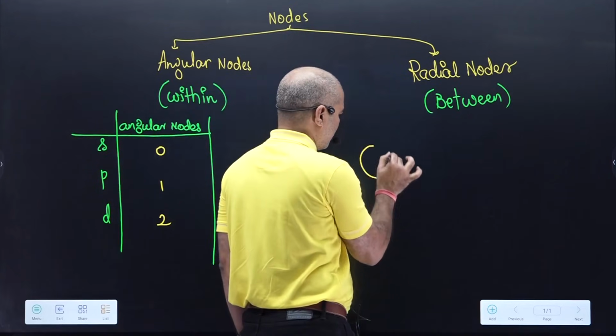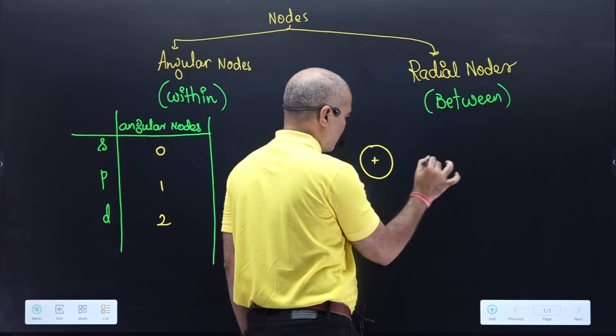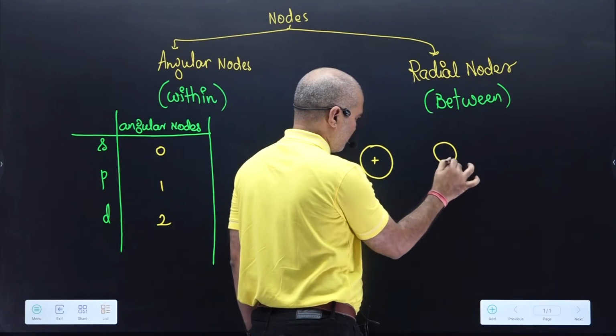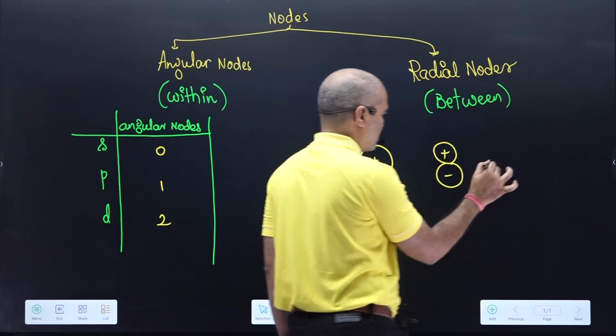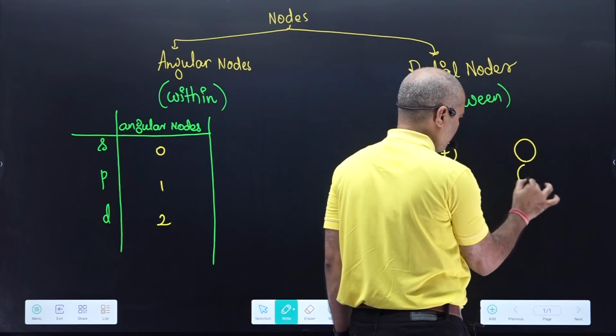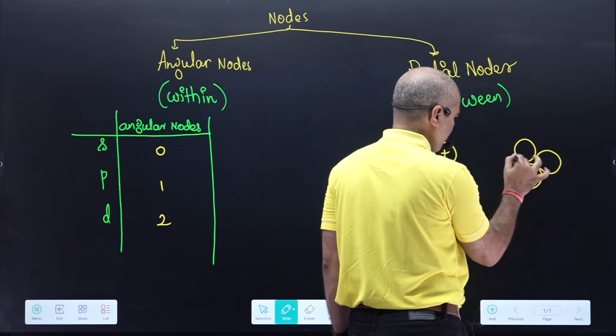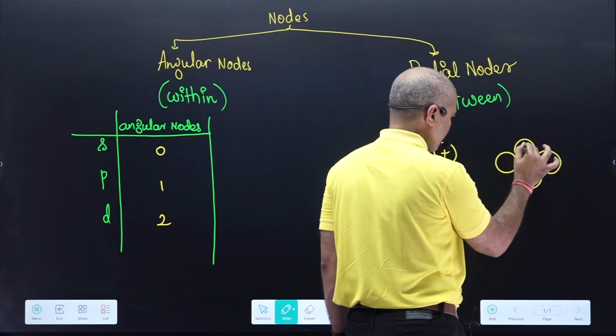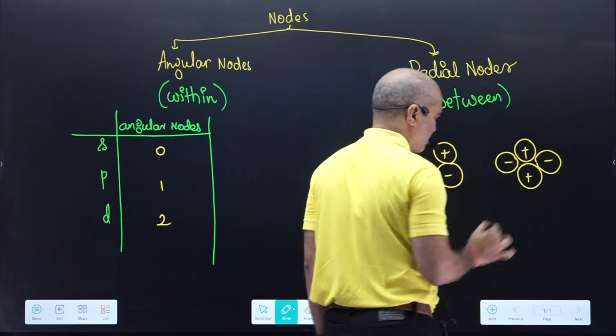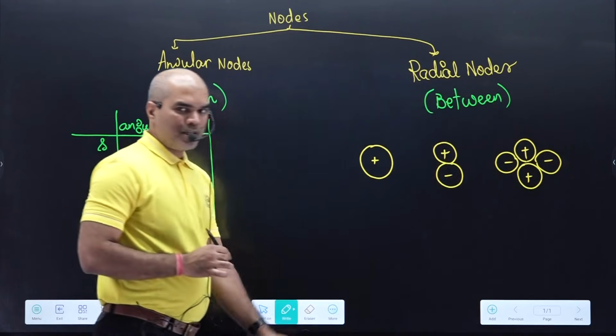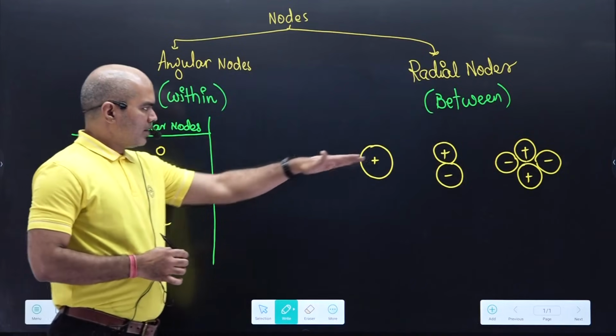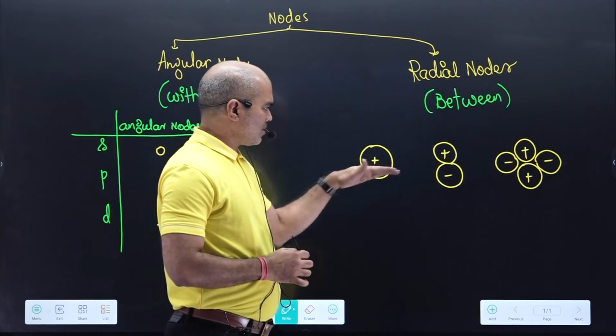S orbital, all plus. P orbital, plus and minus. D orbital, plus plus minus minus. So wherever there is a phase difference, you can find a plane. In this there is no phase difference.